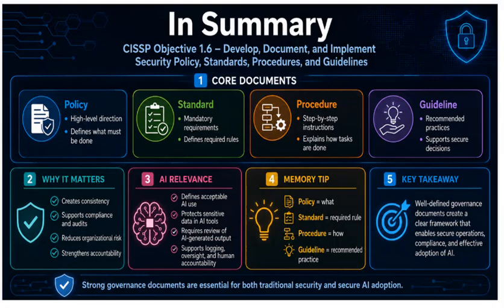For the CISSP exam, remember this simple distinction. Policy equals what. Standard equals required rule. Procedures equals how. And guideline equals recommended practice. All right, and that's the end for this Objective 1.6.